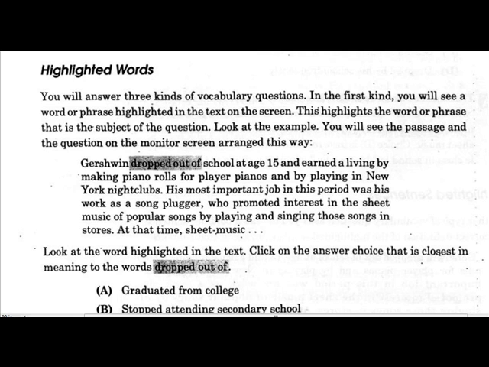As you notice, in this copy, I think you can read it, they have highlighted the words "drop out of." Now look at the word highlighted in the text. And then below, you will choose the closest meaning of the words "drop out of."